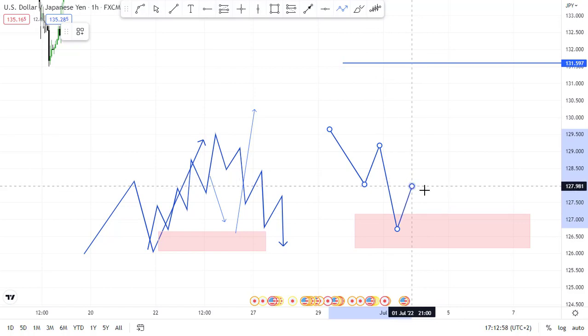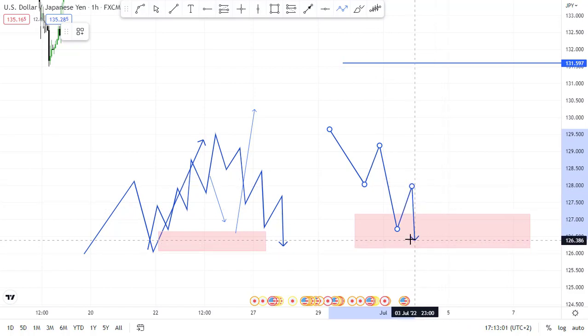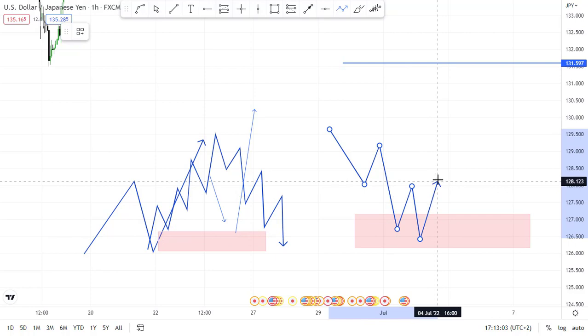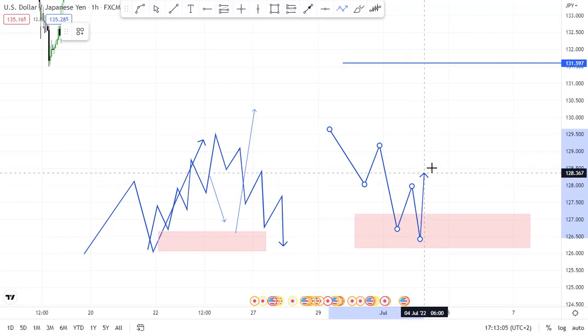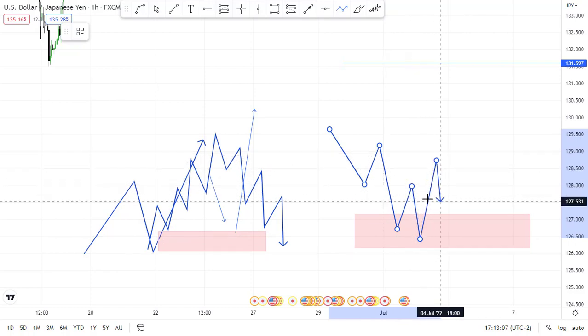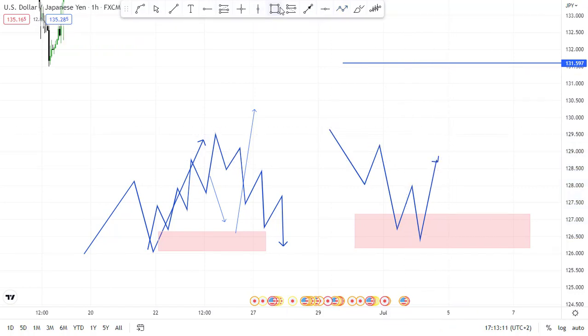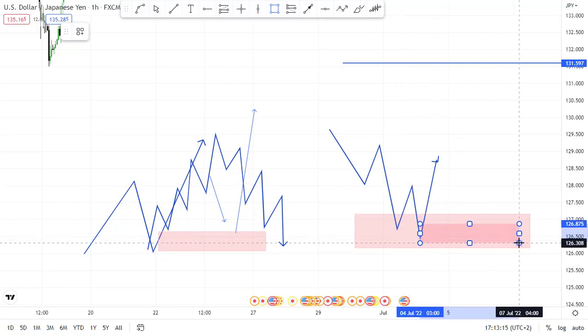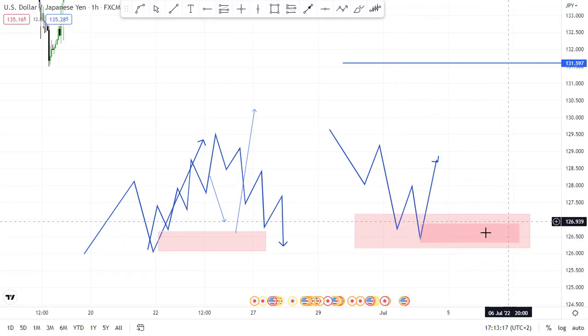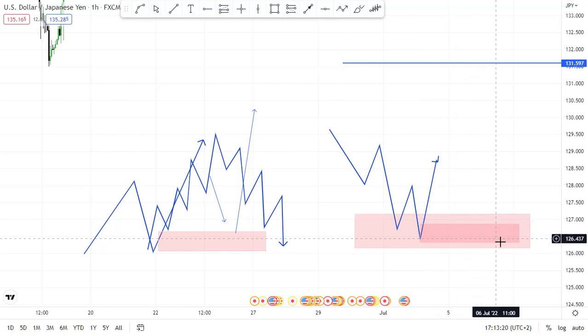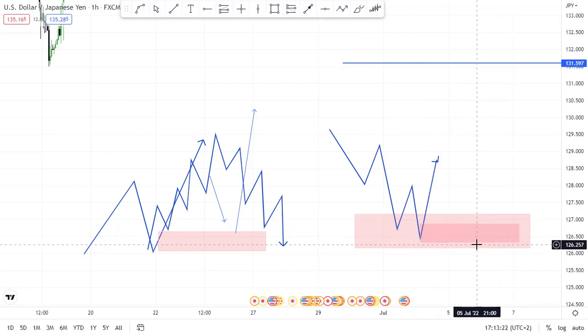We want to see price break a low first, then break a high, this high here. When it breaks this high, you then draw an order block on the lower time frame that is responsible for the break of this high in this area. We are saying this is the best entry point that you should be looking for.